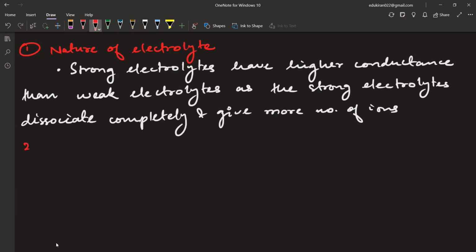Right, the second point: nature of solvent and its viscosity.